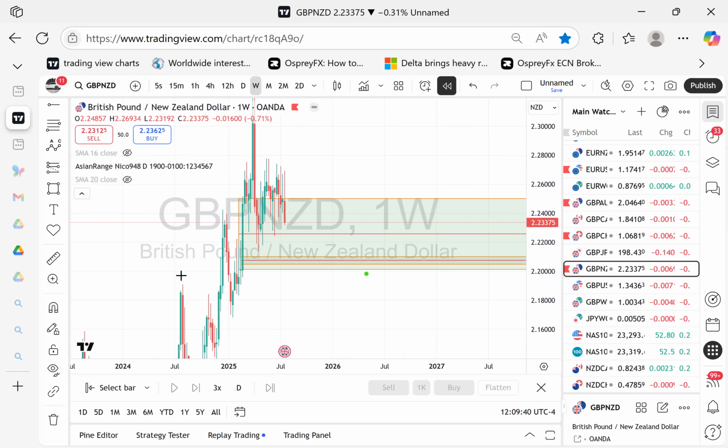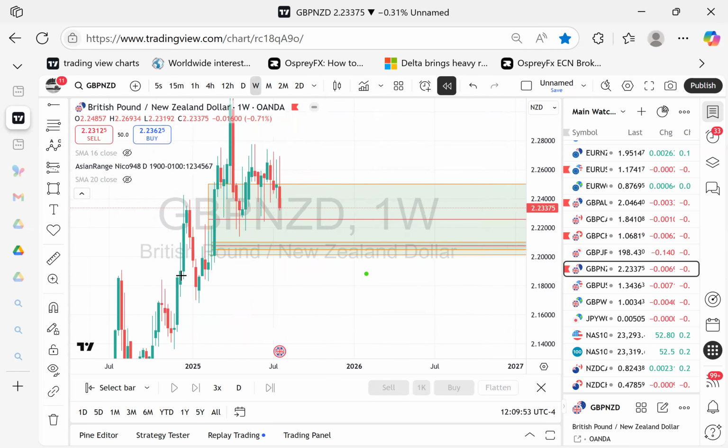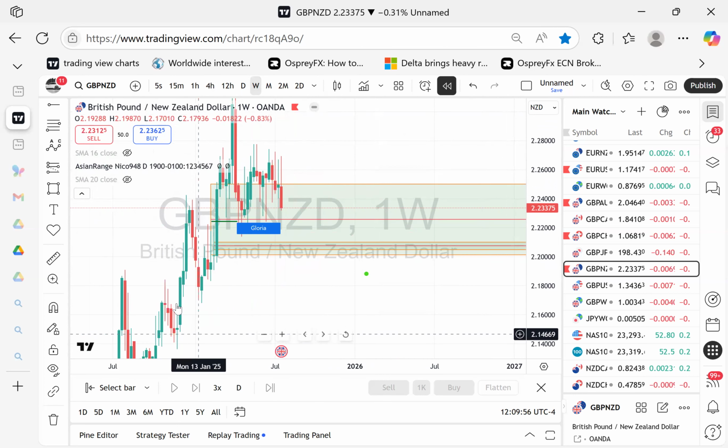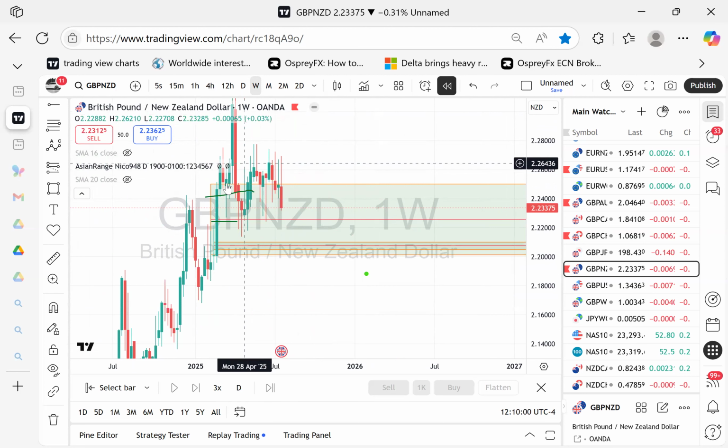Yeah, because I have a question, because you mentioned there is no fair value gap on this chart, and there is no fair value gap because there is no order block under that fair value gap I see over here, right? You mean this right here? Well, that thing has been filled.